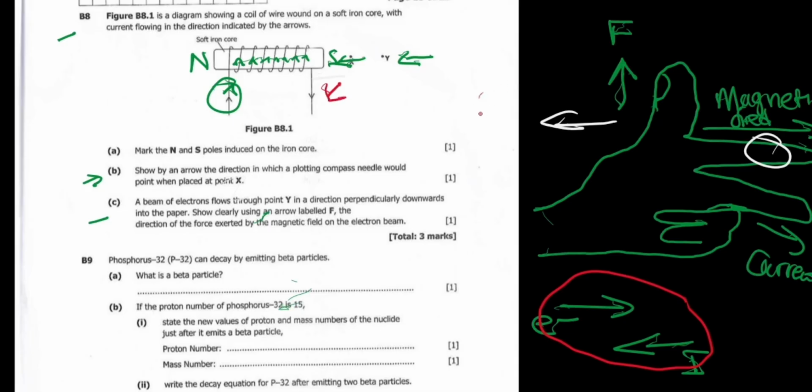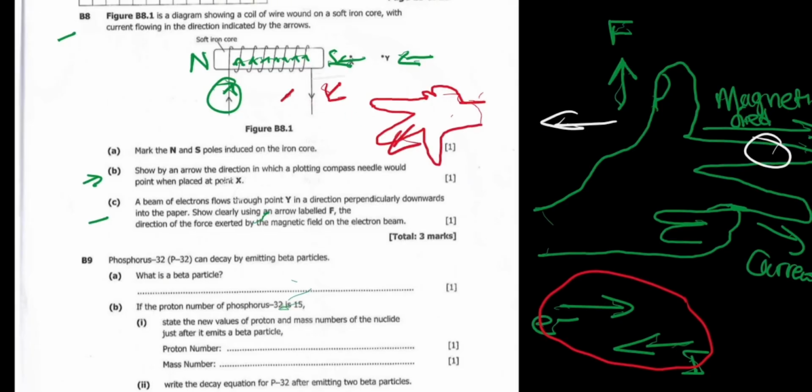So when you use this rule, you're going to see that the first finger is going to point in this direction. Here you're going to have the two fingers, and this finger is going to show the direction of the conventional current, and the thumb is going to point downwards, because current has to go out of the page.